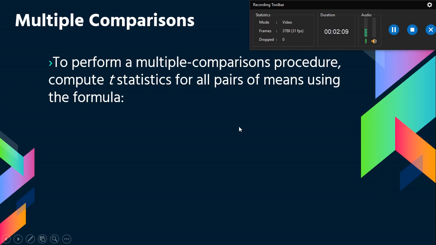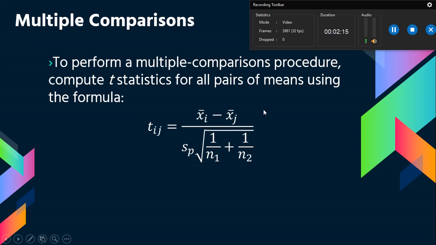So when you perform your multiple comparisons, we're going to run a bunch of t statistics for all the pairs that we're interested in. This formula should seem familiar. This will be our t statistic using our two different means or groups. So we're going to subtract the two means. We're going to use the pooled standard deviation.